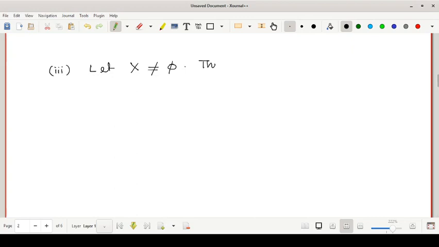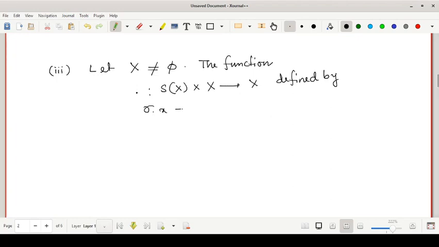The function dot defined from Sx, this is my group, cross X to X, defined by: take any permutation sigma, sigma dot x is equal to, what is the most natural way of getting an element in X?